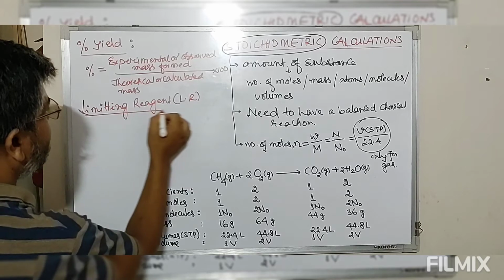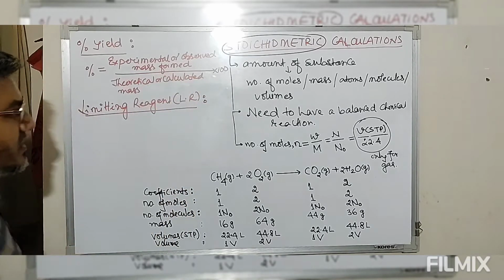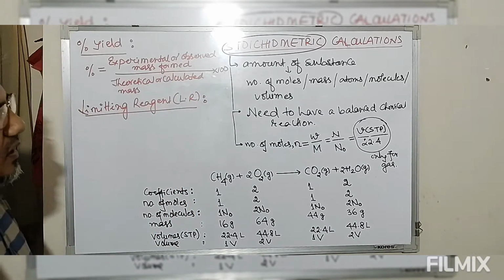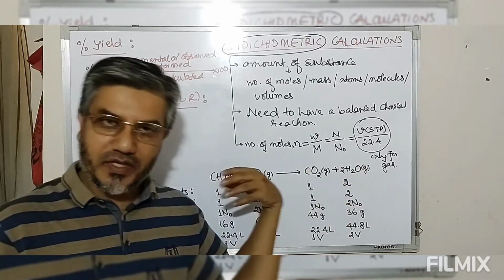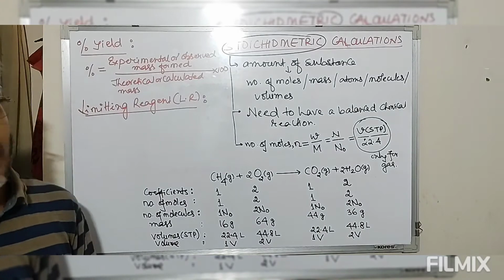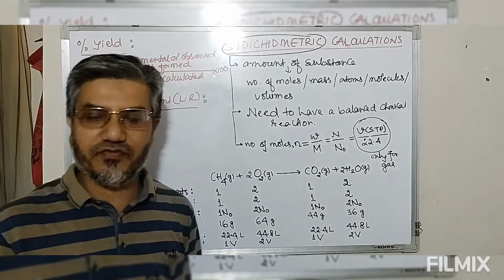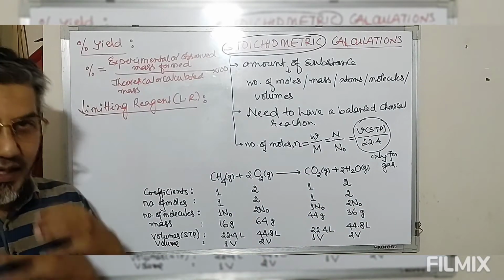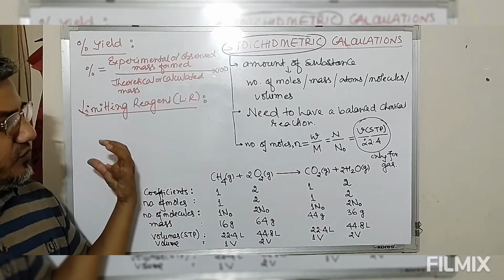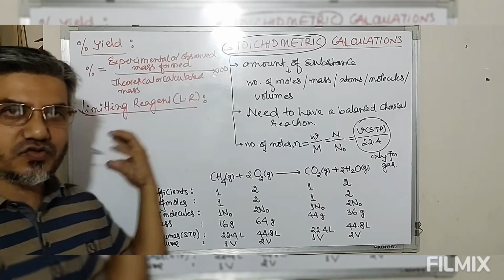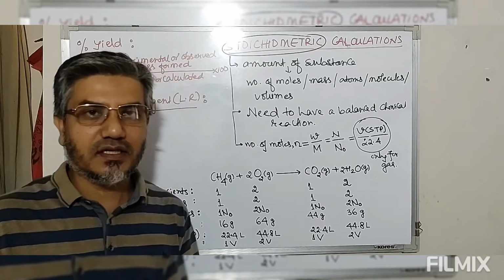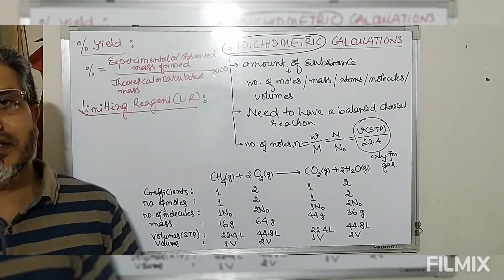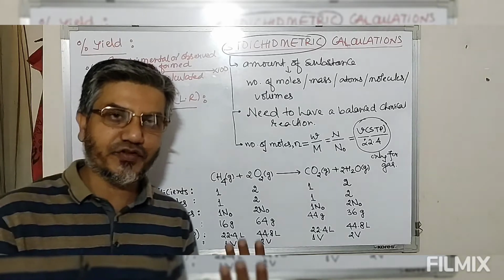This limiting reagent will help us in finding the mass of the product formed, or how many moles of product will be formed, or how many volumes of product will be formed. And this limiting reagent will also help in defining which particular reactant is consumed in the reaction and which particular reactant is left unreacted.